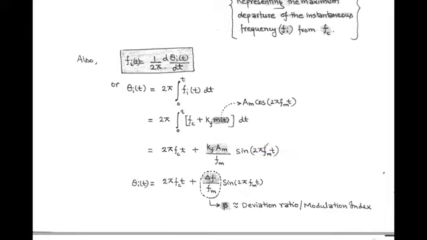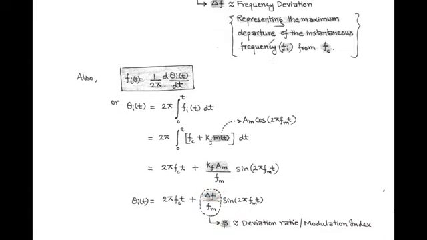Here 2 pi is cancelled after taking integration. Now the term kf into Am is called frequency deviation denoted by delta f, that represents the maximum departure of instantaneous frequency with respect to carrier frequency.